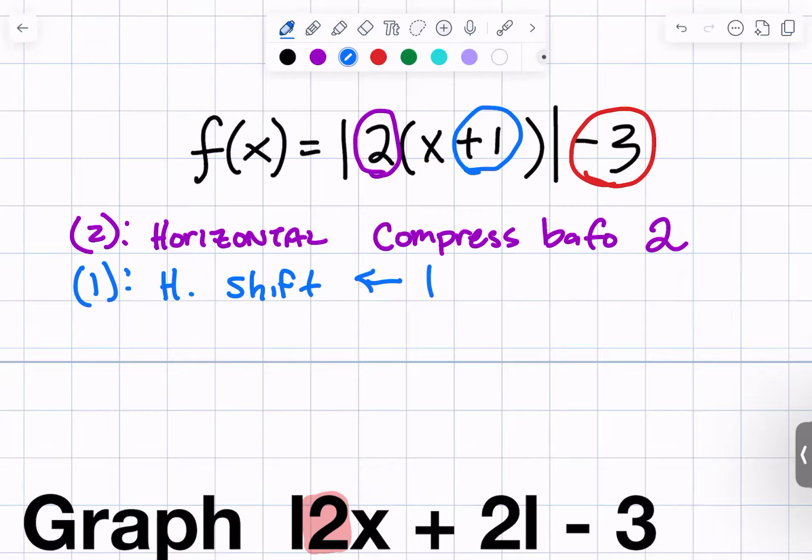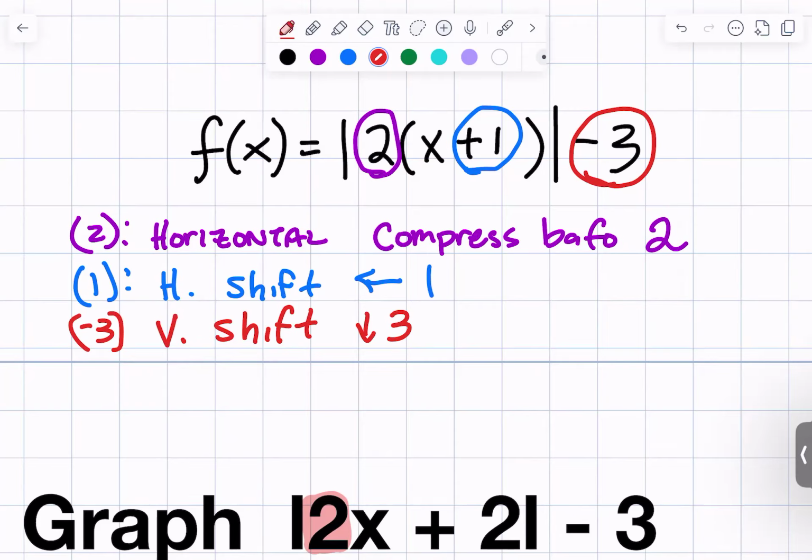Think opposite your gut. And then what about the -3? We're subtracting and it's on the outside. Vertical shift down 3, right? Okay, so those are my representation of my transformation.